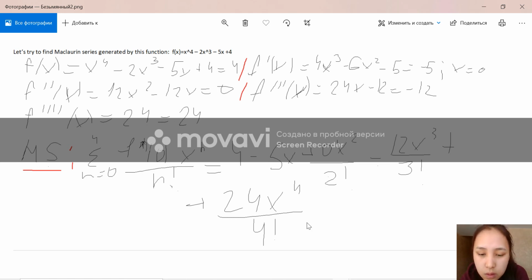And our answer looks like this: 4, which means f(0), because our interior point is equal to 0, and x to the power of 4 is also 0, x cubed is also 0, just x will also be 0, and our answer is 4, and we place it first.